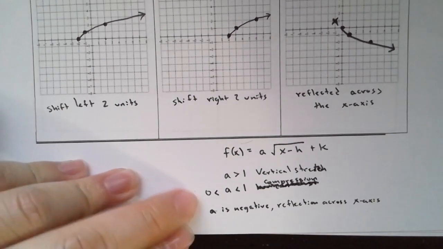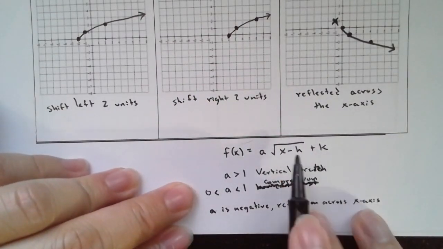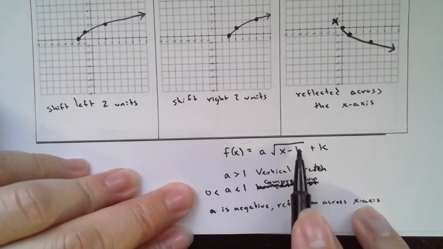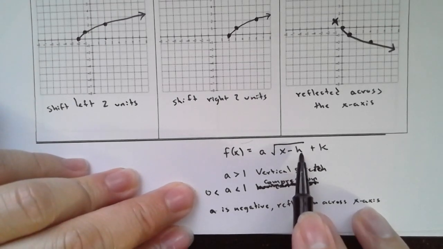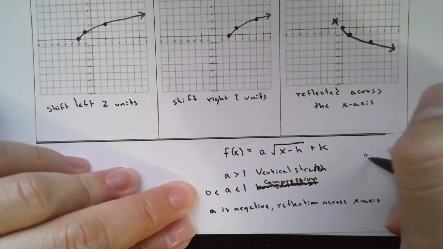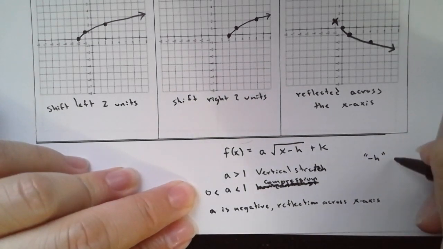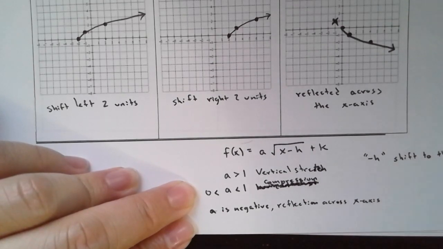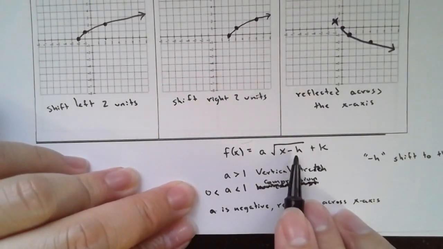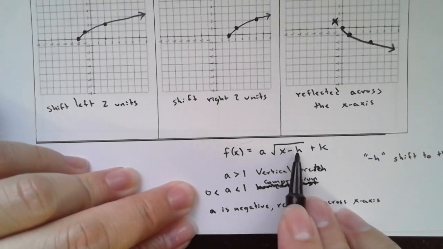And then remember how the h and the k worked. If it was minus h, it's like plugging in a positive here. It doesn't change the sign. So if you have minus h, you had a shift to the right, because it stays minus if you plug in a positive. But if you plug in a negative, minus negative is going to turn positive.